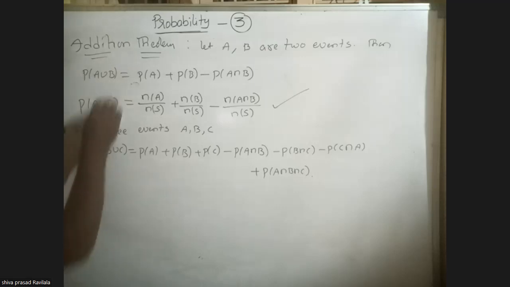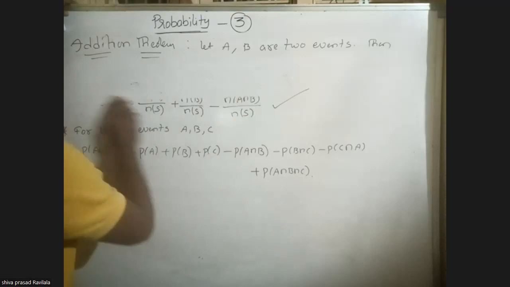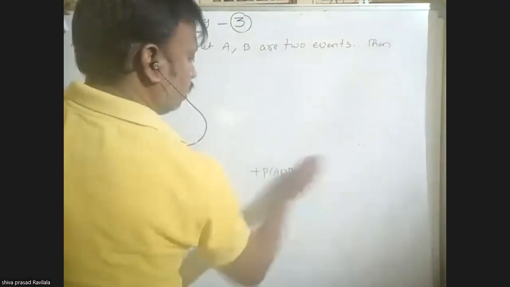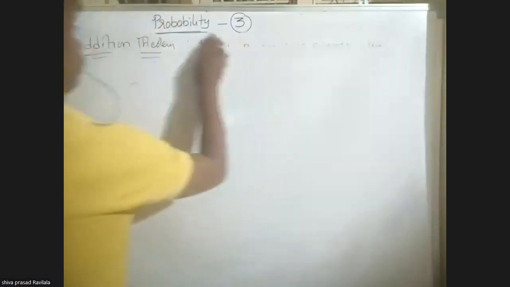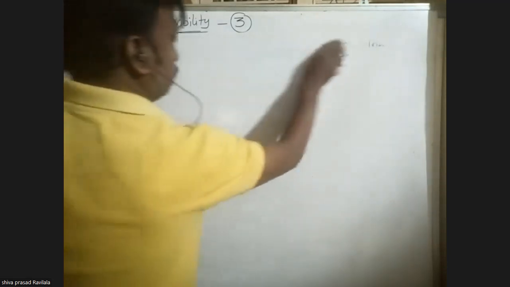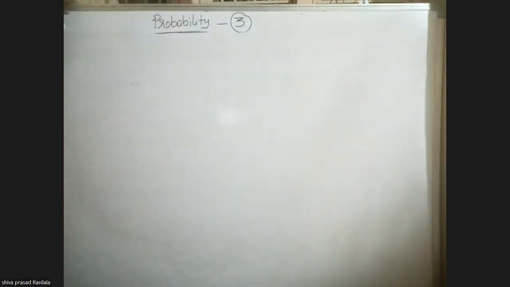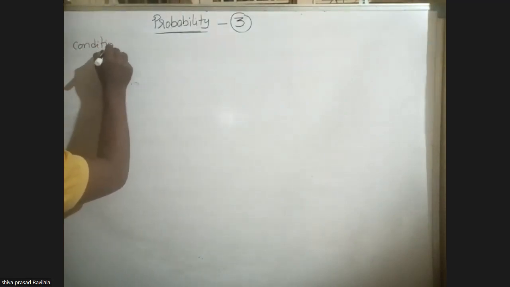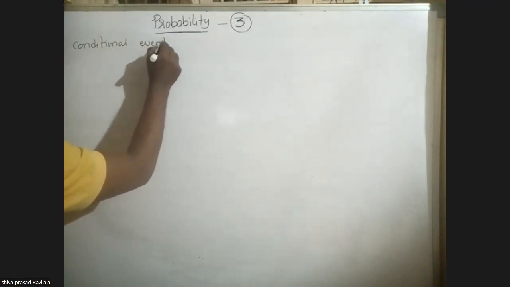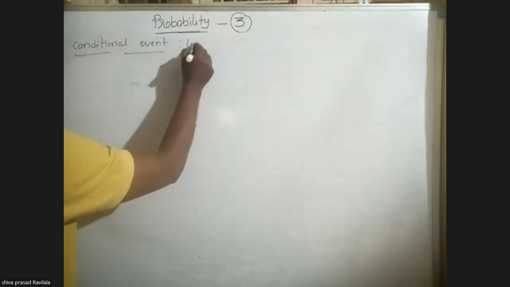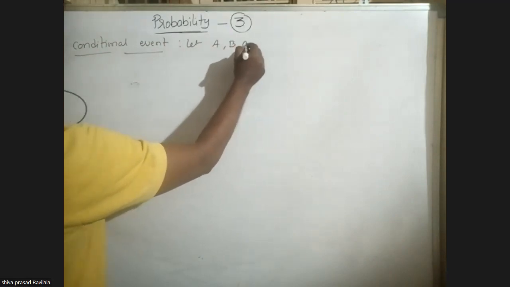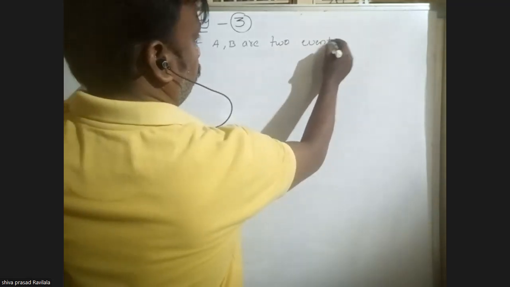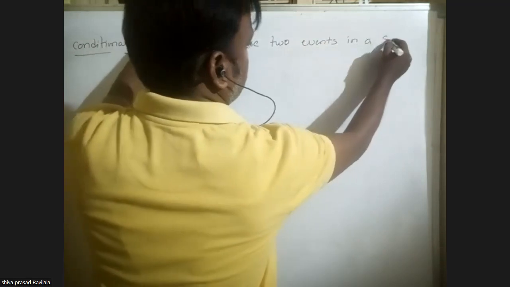Okay, now students, the next one is conditional event. What is a conditional event? We use it many times. There is one condition. Conditional event and conditional probability. Let capital A, B be 2 events in a sample space.